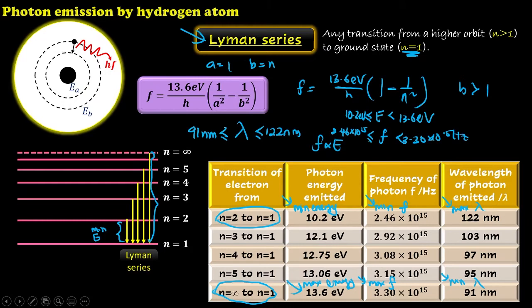So if you look back at the table of the electromagnetic wave, which has the lambda, you will notice that the electromagnetic wave that falls in between this lambda is actually ultraviolet. It means that the Lyman series will emit ultraviolet electromagnetic waves. This one is called the Lyman series.